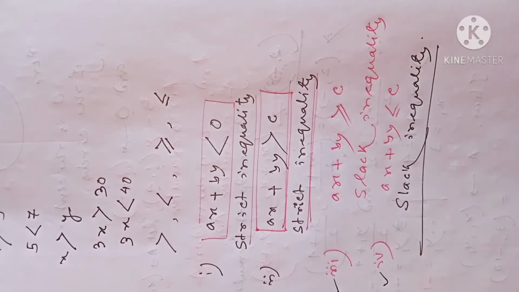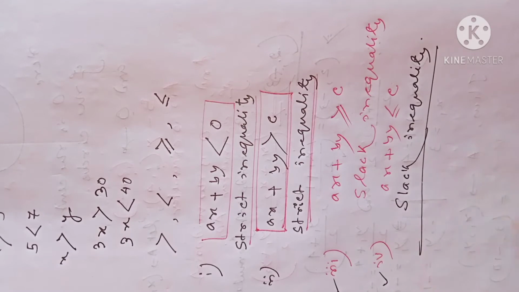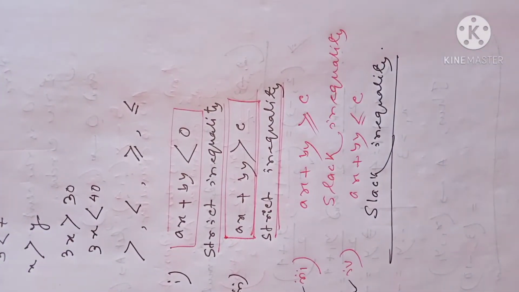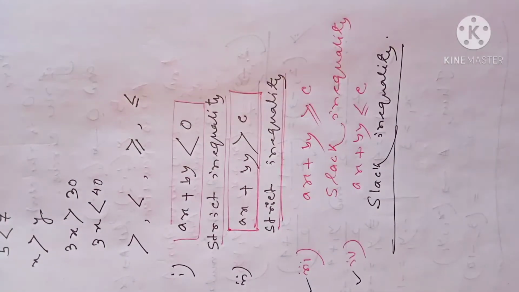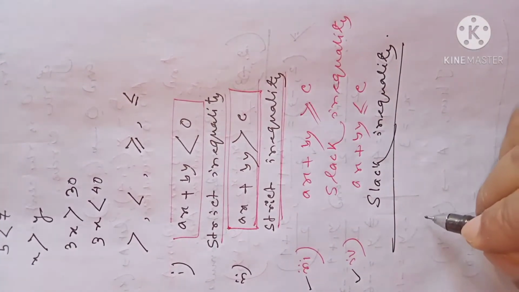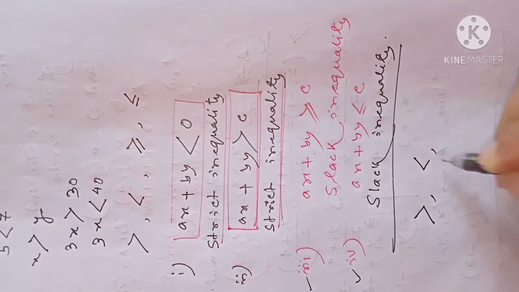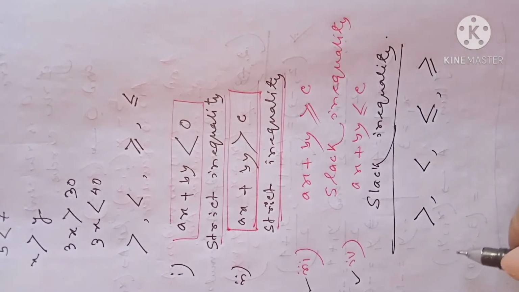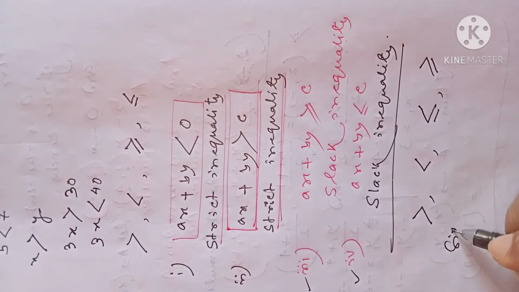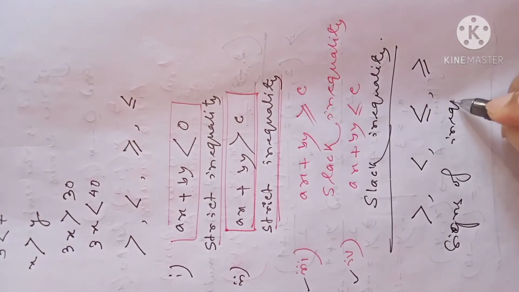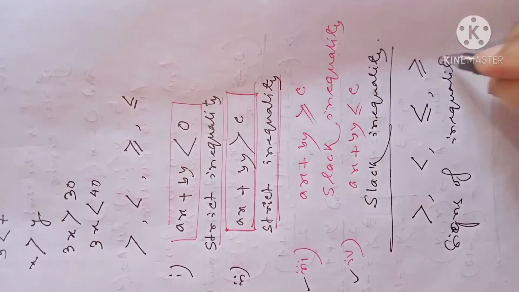So there are so many statements in mathematics you will come across which can be expressed by using signs of inequality. That means we have understood that this sign or this sign or this sign or this sign, these are signs of inequalities.